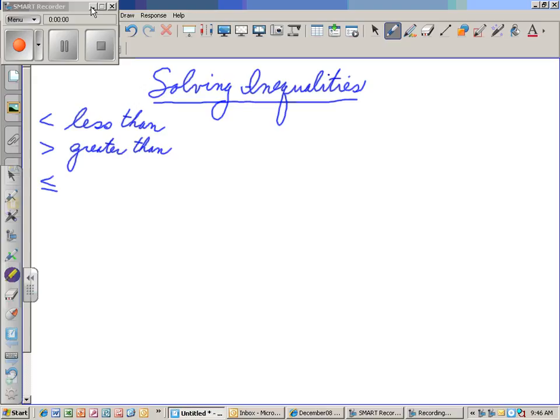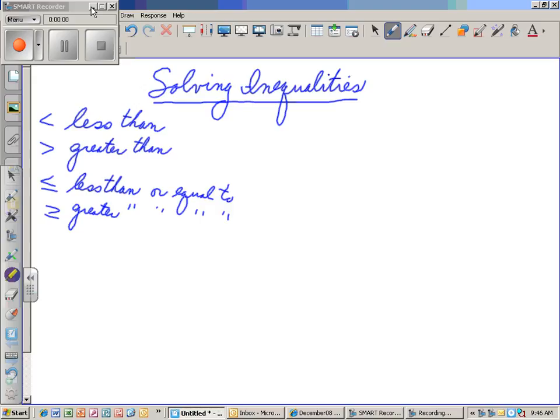Yeah, less than or equal to. And of course, this would be greater than or equal to. Okay, and those are inequalities.